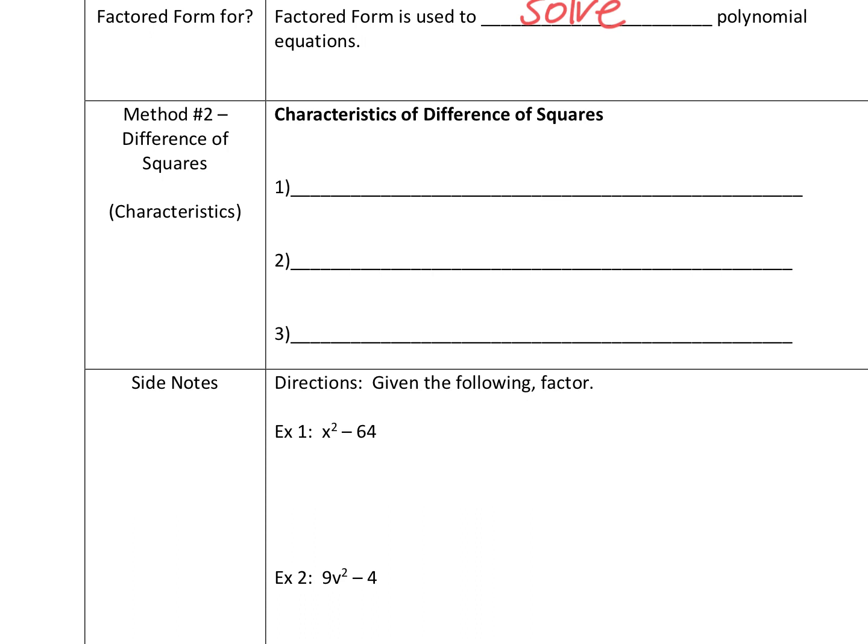The next thing, difference of squares. Three things have to happen for me to be able to use the difference of squares method. The first thing I need is a binomial. All that means is two terms being added or subtracted. So if I'm left with two terms, that's my first stipulation.